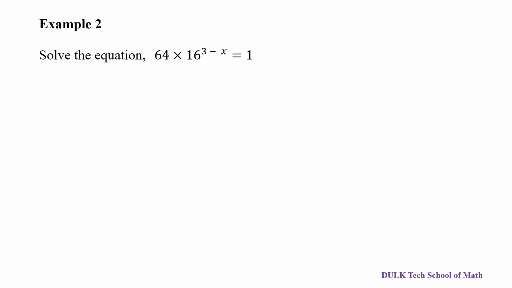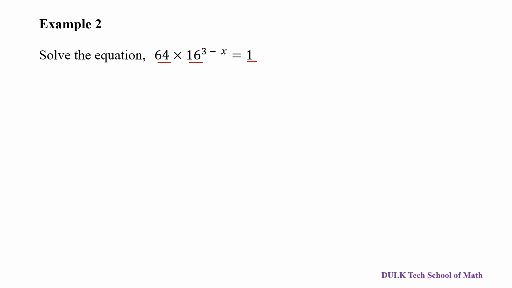Solve the equation. 64 over 16 to the power 3 minus x is equal to 1. Let's make sure that in this case we have 3 terms. We have 64, we have 16 to the power 3 minus x, we also have 1. So we have to express these numbers in terms of a common base. We can't easily express 64 in terms of 16.